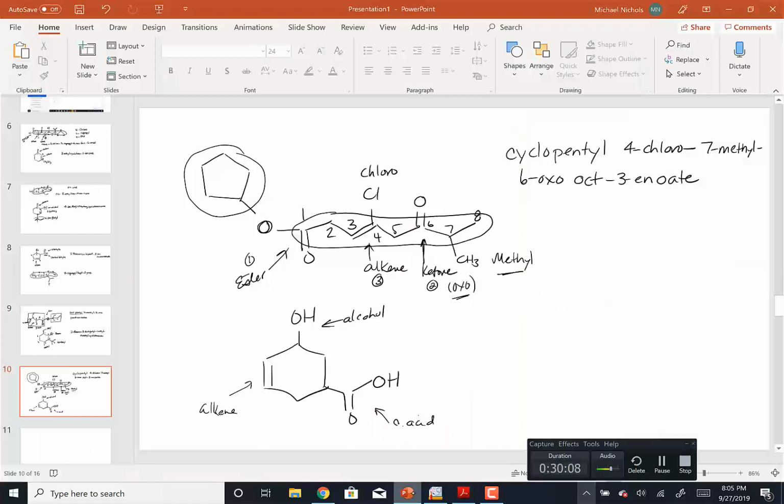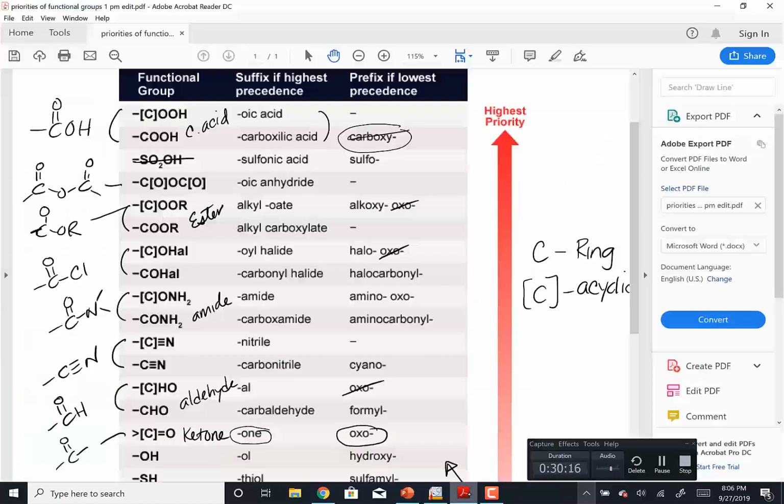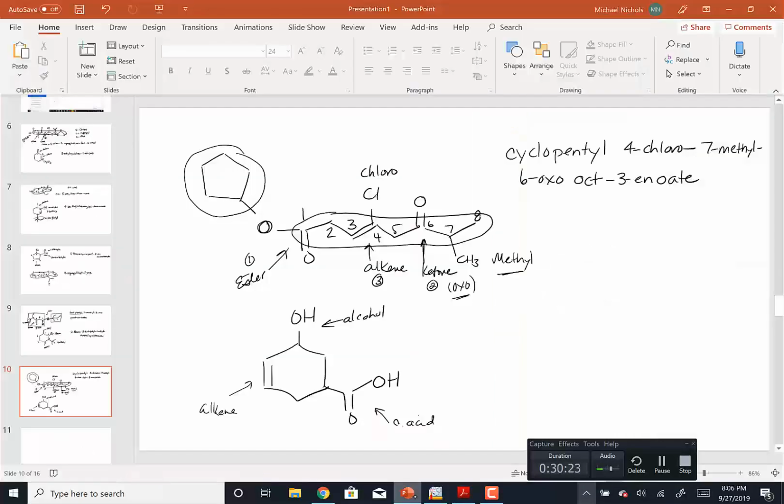So that's going to be the suffix of our name. The alcohol functional group becomes a hydroxy group when it's not the highest priority, so this is going to be a hydroxy group, and the alkene, of course, is going to be an ENE when we take care of that name.